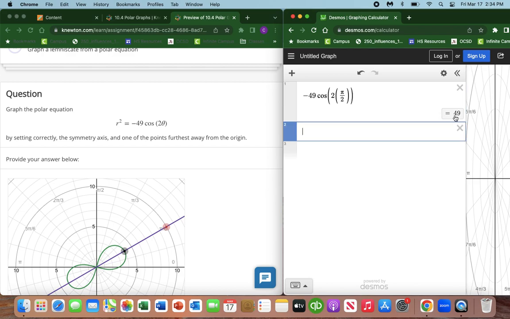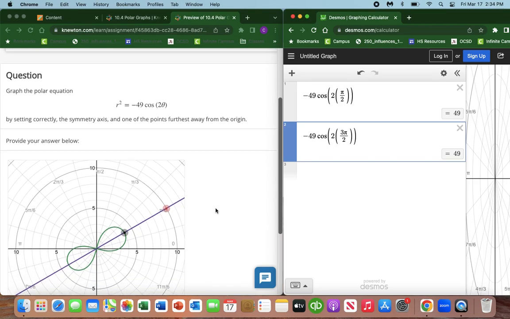And that gives me positive 49, so that's good. So I'm going to use 3 pi over 2 here, which also gives me positive 49. Well, that means that r squared is equal to 49. So then that means the radius, if I square root each side, would be positive 7 and negative 7.